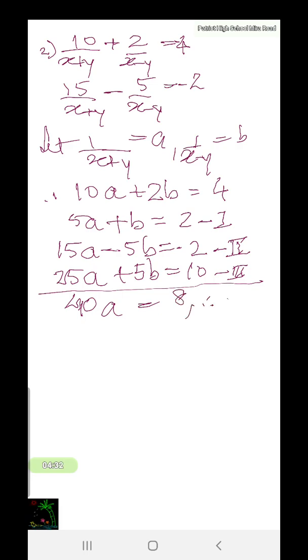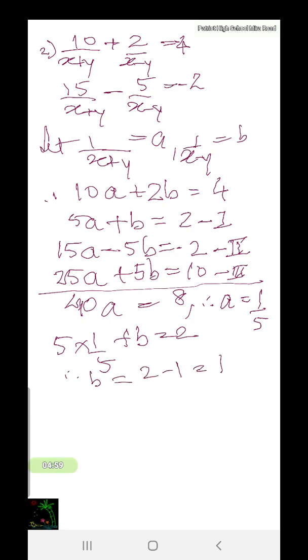Therefore a is equal to 1 upon 5. Substituting the value of a in equation 1, we have 5 into 1 upon 5 plus b is equal to 2. Therefore b is equal to 2 minus 1, which is 1.